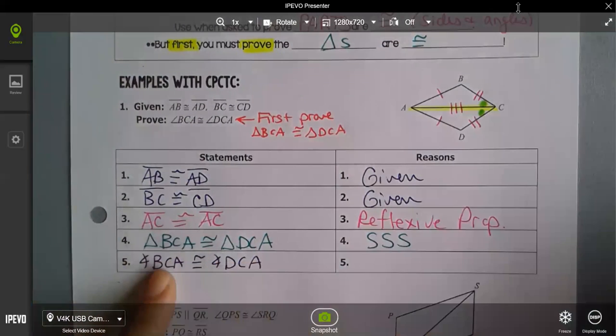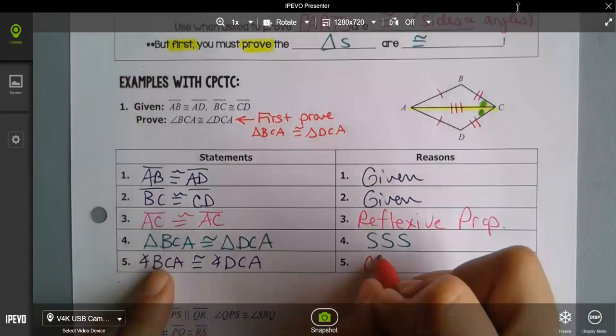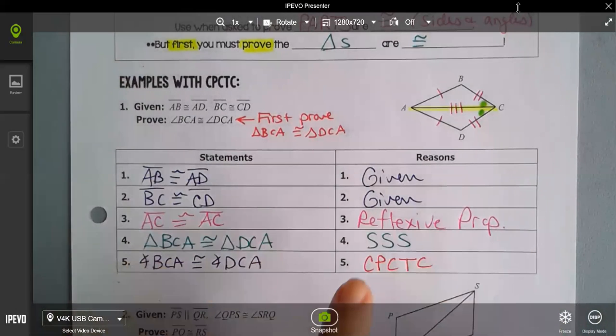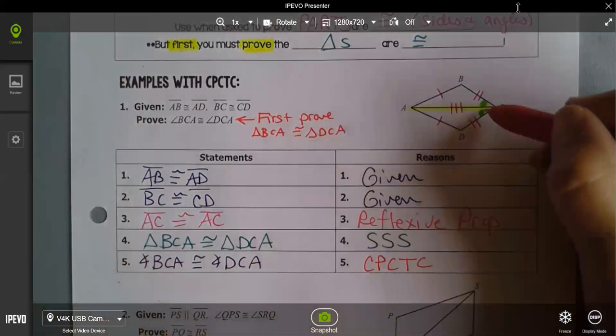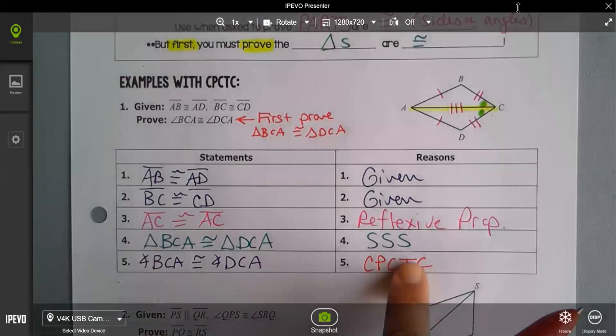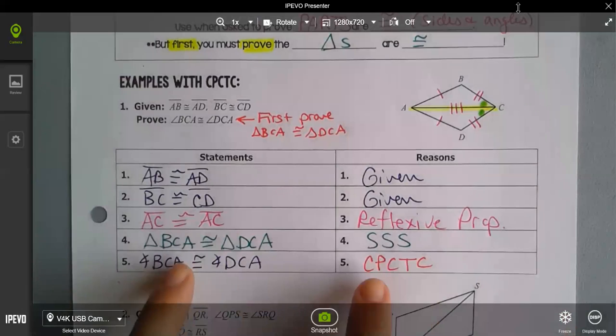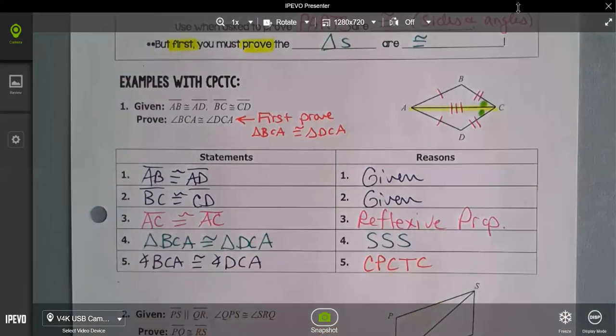What allows me to say that? CPCTC. I have congruent parts of congruent triangles. Okay, so those guys are congruent. That is the reason why I can say those angles are congruent.